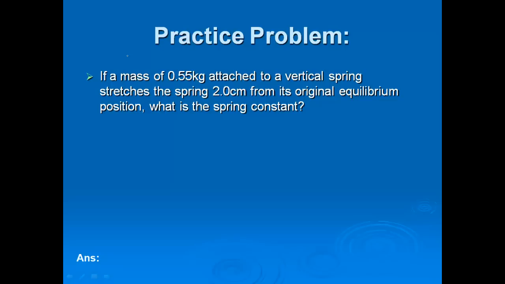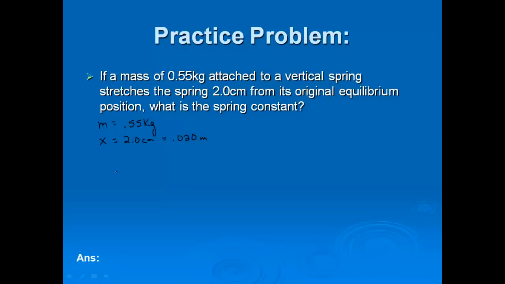Here's a problem we could try, and so we are going to go ahead and work our way through it. We know that our mass is equal to 0.55 kilograms. We know that it's attached to a spring and it's displaced, so there's our x value, 2 centimeters, but we know we're going to need it in meters, so we're going to go ahead and convert it.